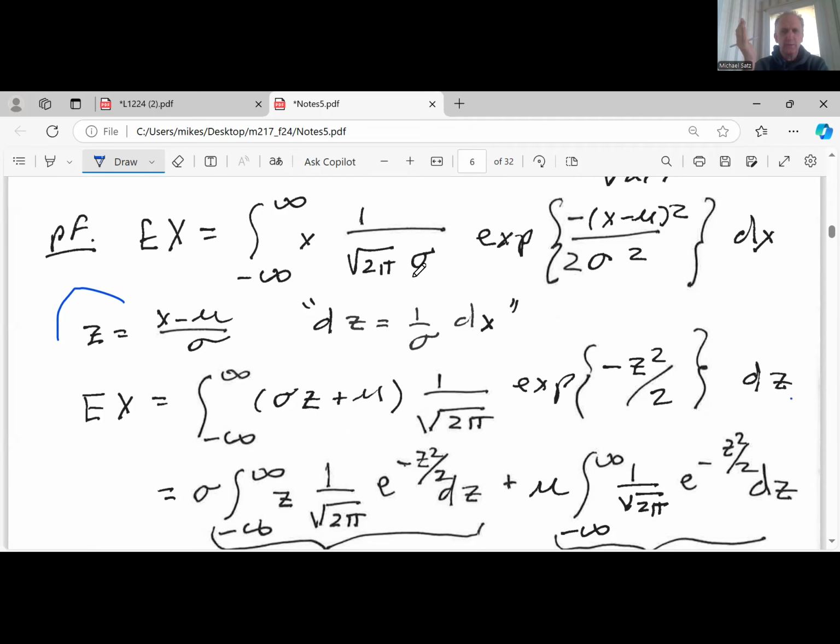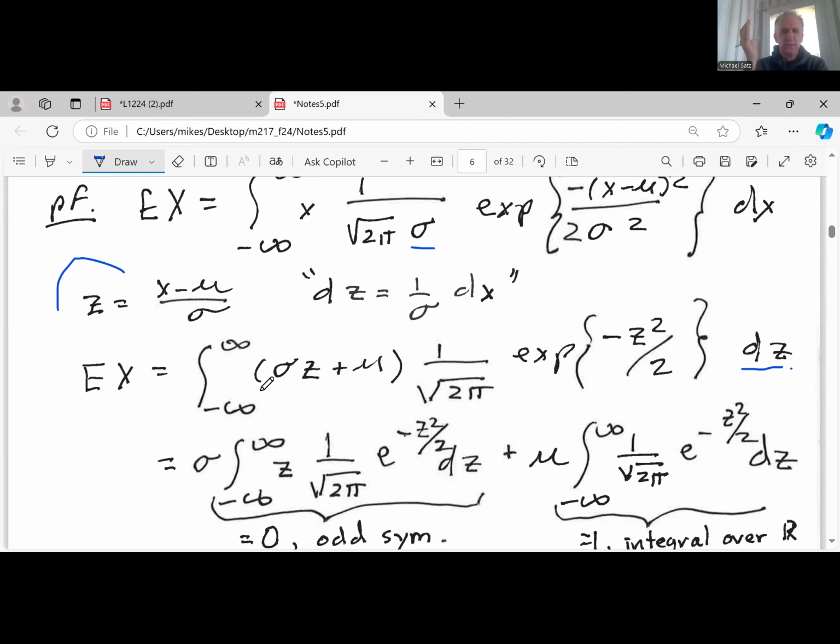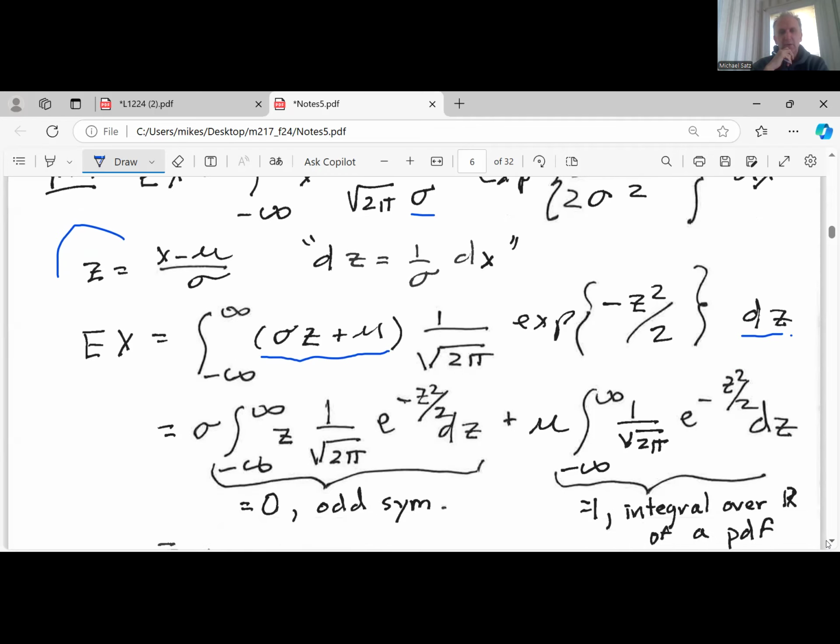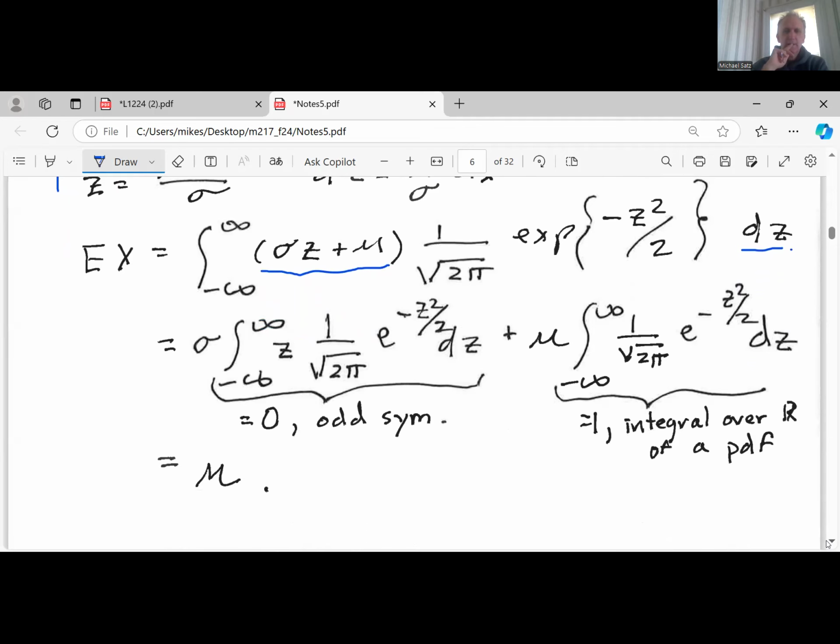And you see the sigma, the scale, goes bye-bye here, and the dx gets replaced with dz. This really neatly gets reduced to a single variable z. And what's interesting, though, is that out here the new x becomes mu plus sigma z. All right, well, if I write this as two integrals now, distributing that sum, the one on the left I can take sigma outside and I get z times the density.